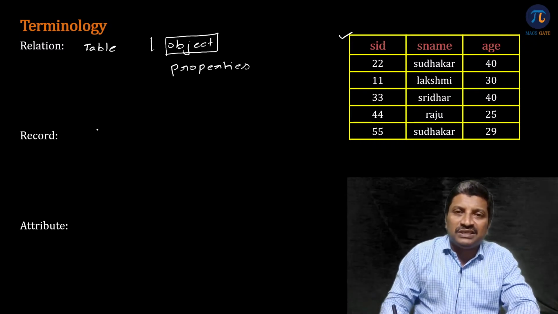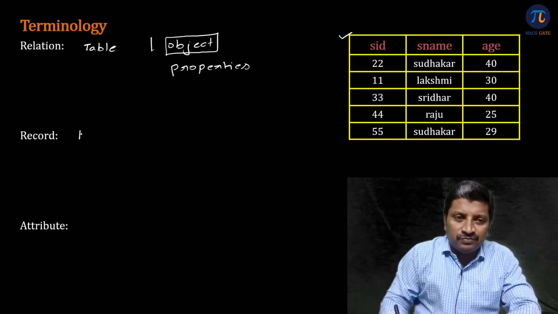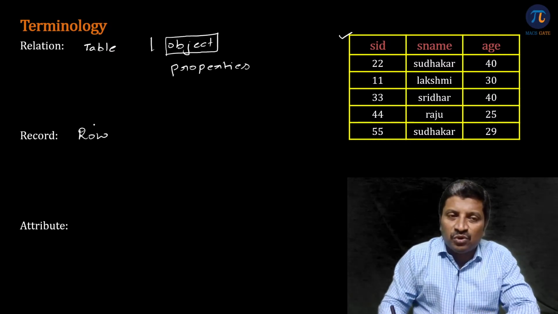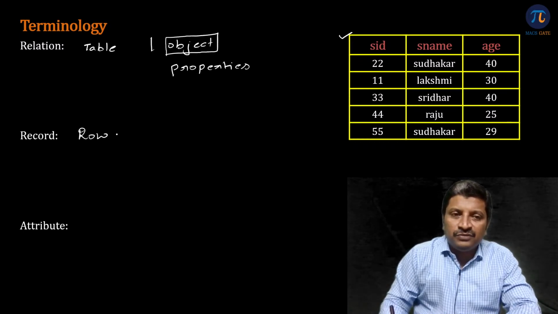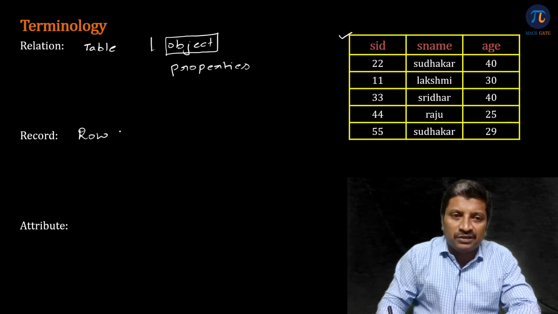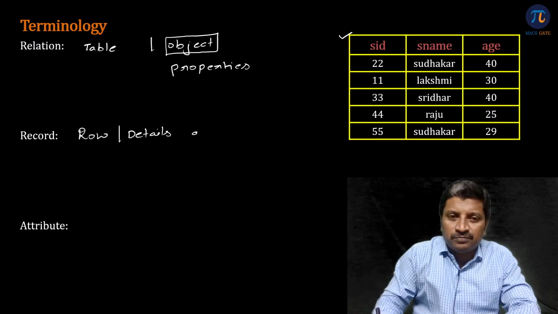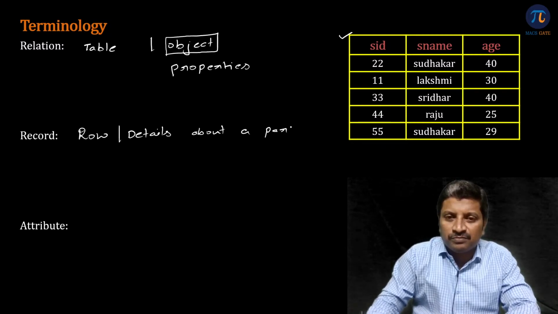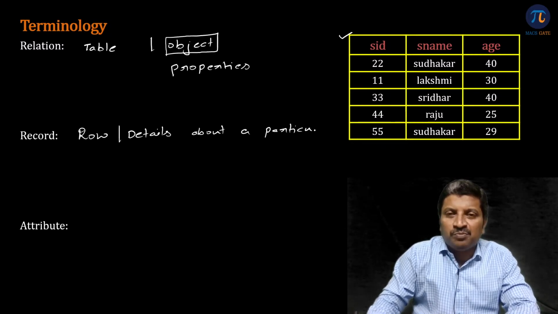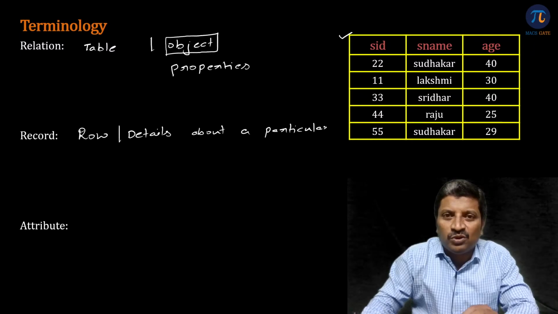Now, the next one is record. What is a record? A table consists of many rows. Each and every row is called a record. That is the details about a particular object. In our example, we are collecting the information about students.